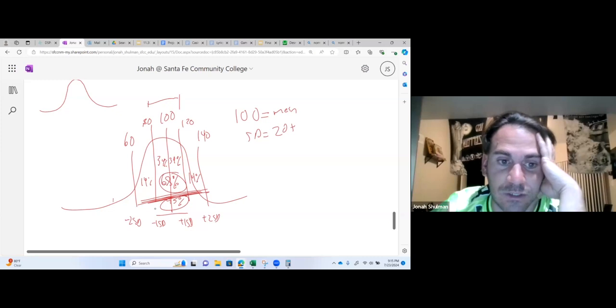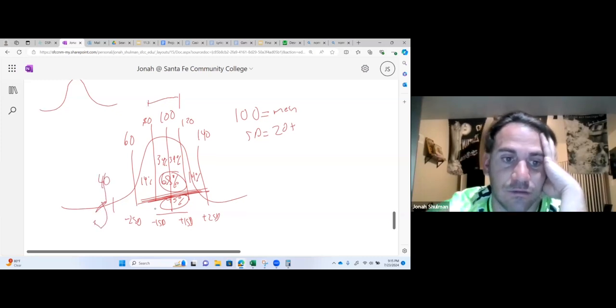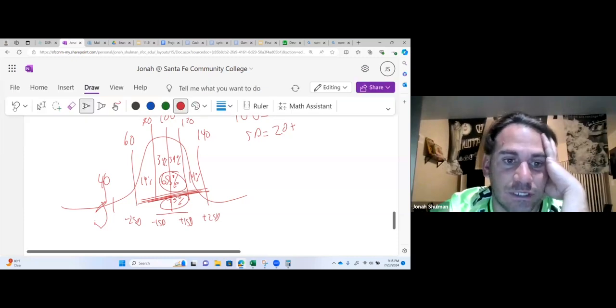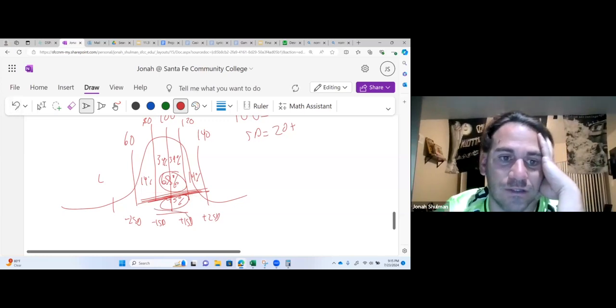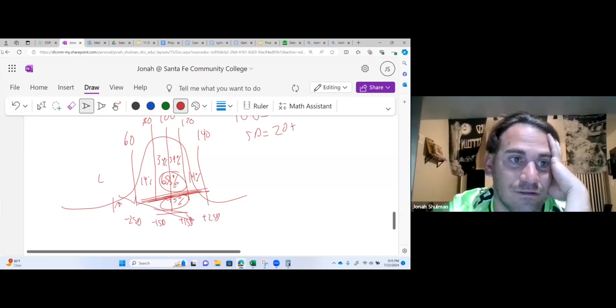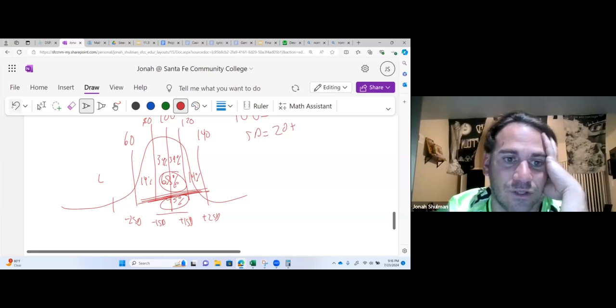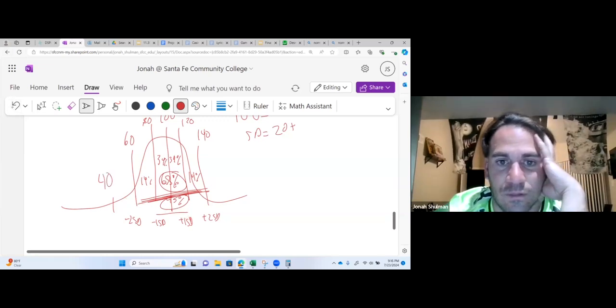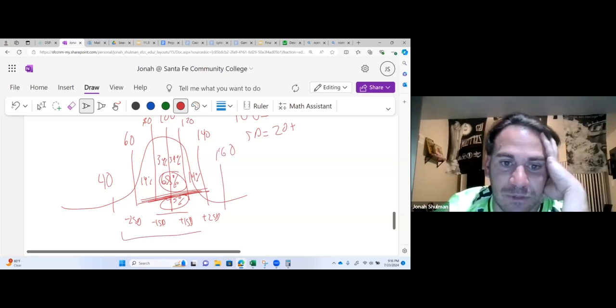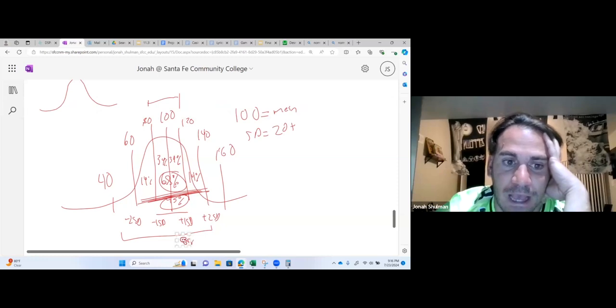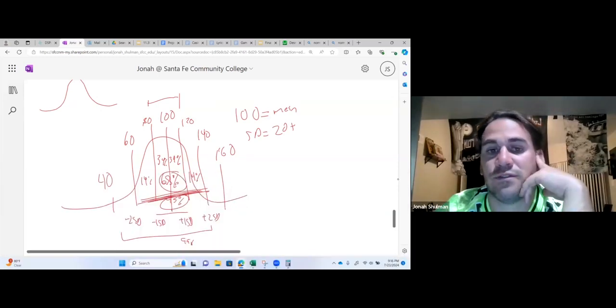And notice that gets smaller, because there's barely anybody who has an IQ less than 40, which is 3 standard deviations away. So 40 to 160 means 99% of people have an IQ between these two points.